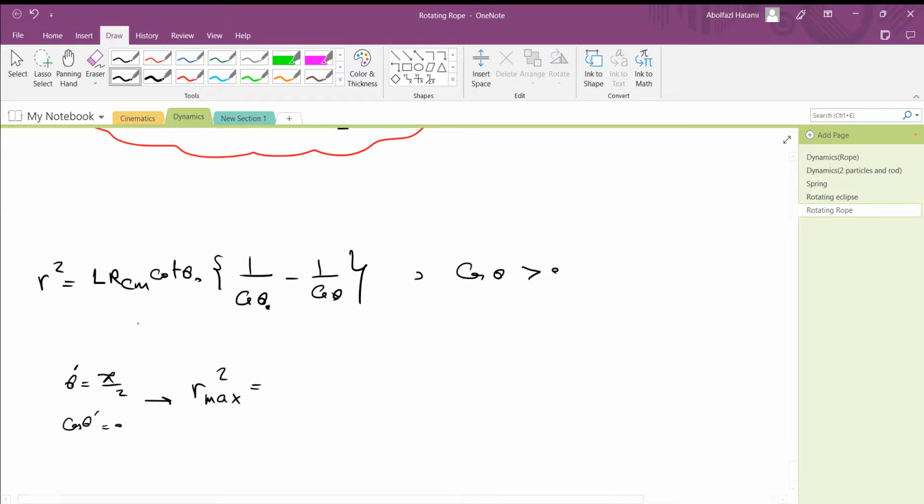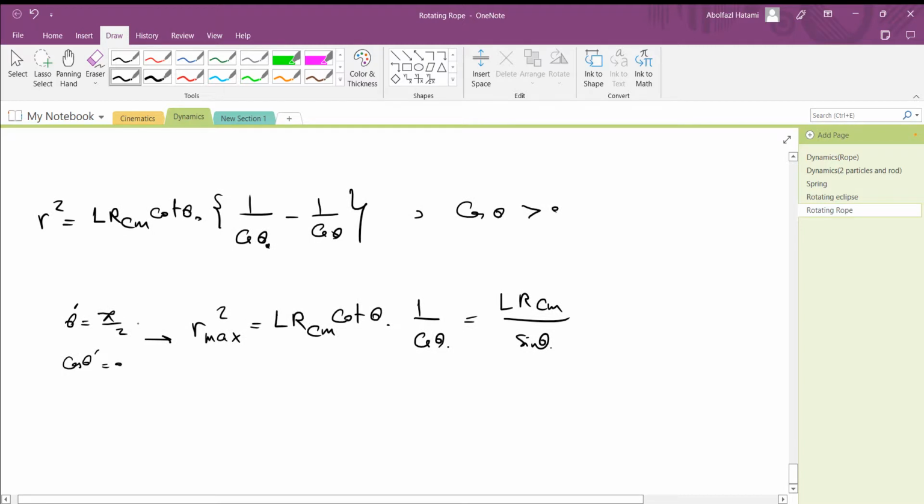LRCM cotangent of theta 0 times 1 over cosine of theta 0, which is LRCM divided by sine of theta 0, so R max is going to be just the radical of this term, LRCM over sine theta 0.